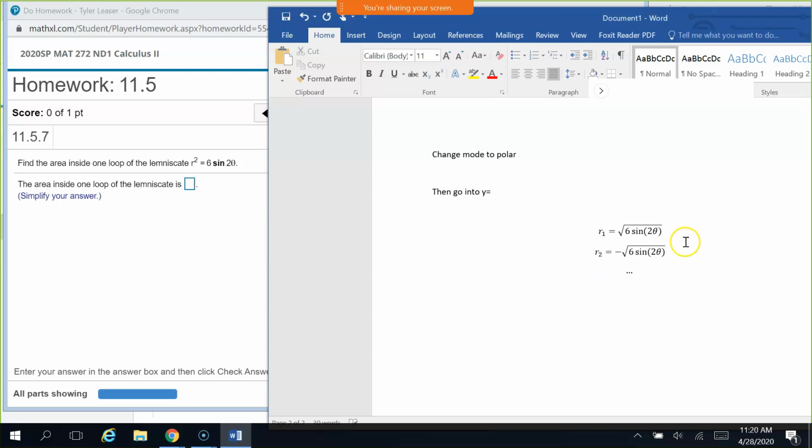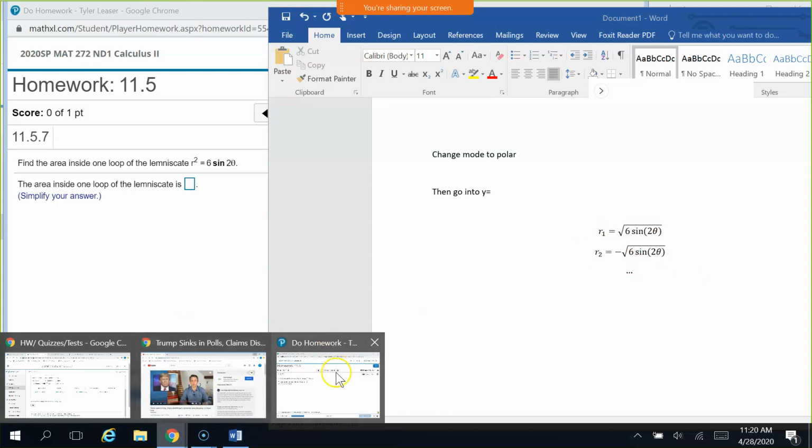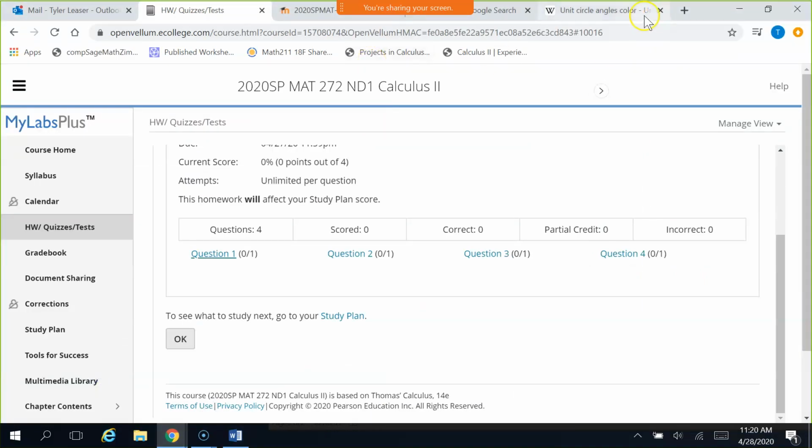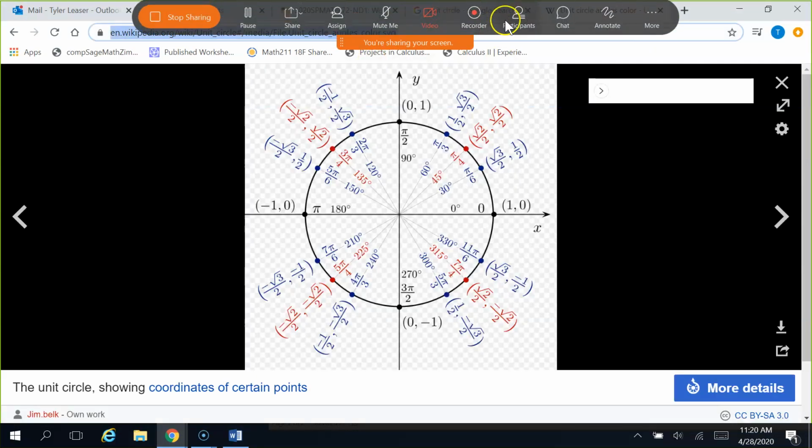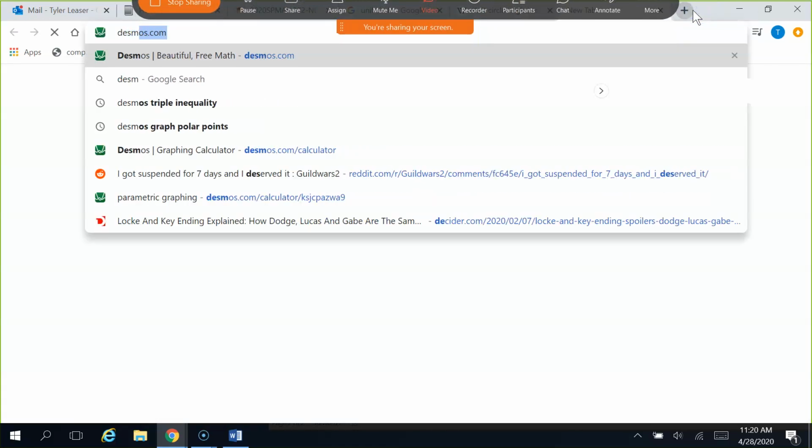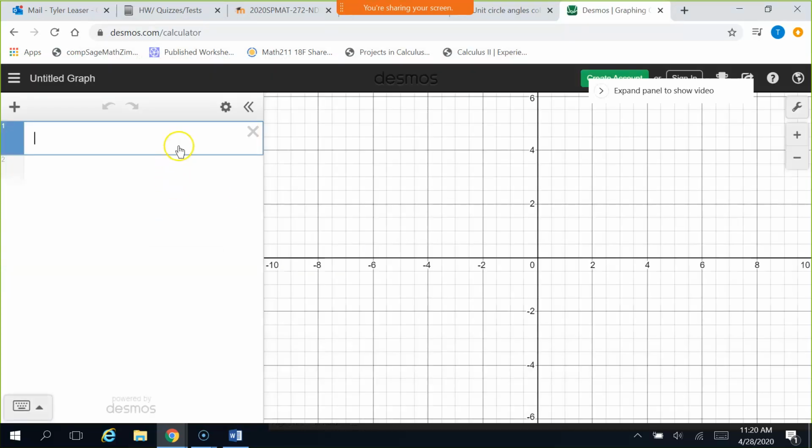If you just type it in like this into the y equals stuff and graph, it should give you what the graph looks like. Let's see if I can open up Desmos or something to see what the graph is going to do. Hopefully it'll graph it without too much issue.